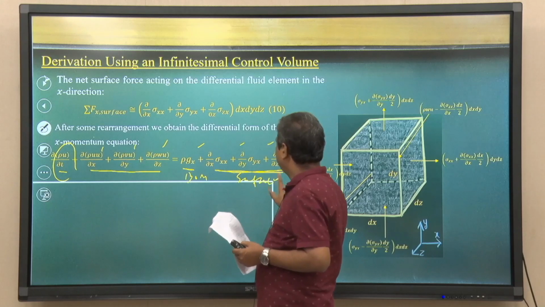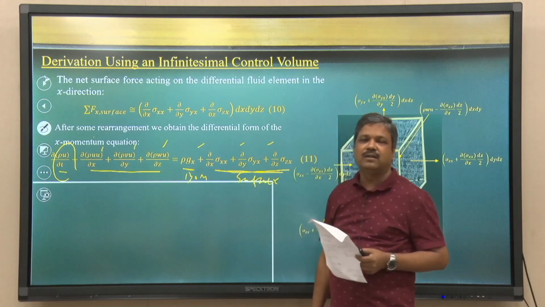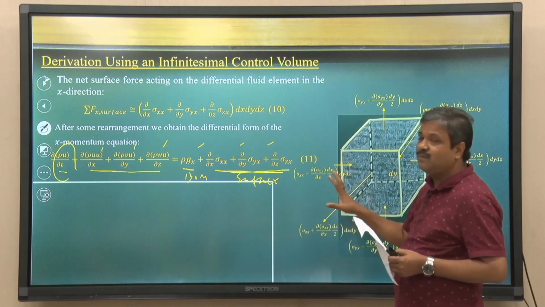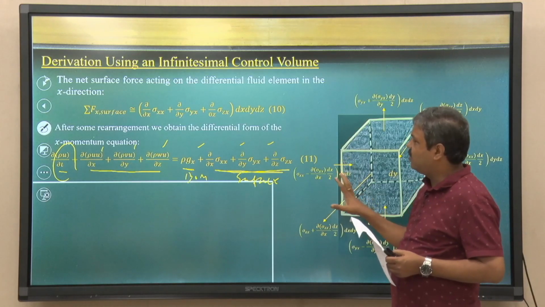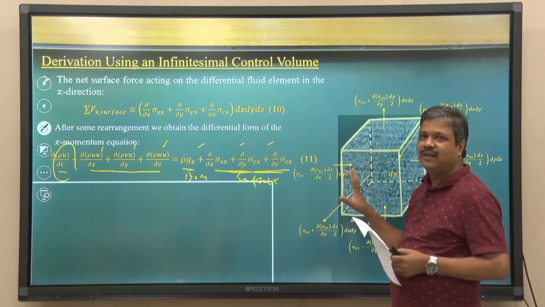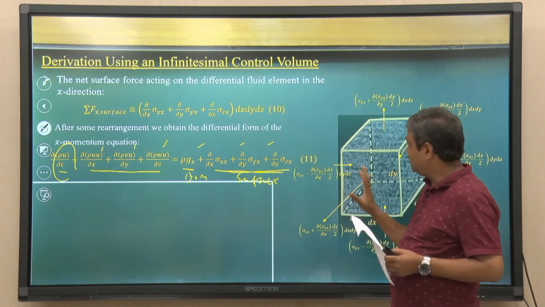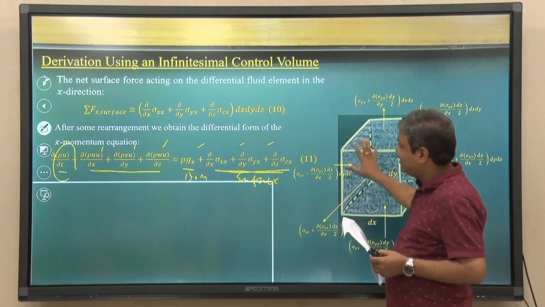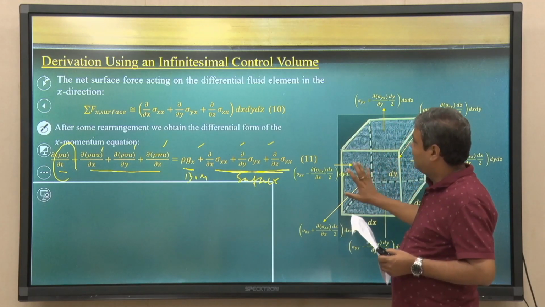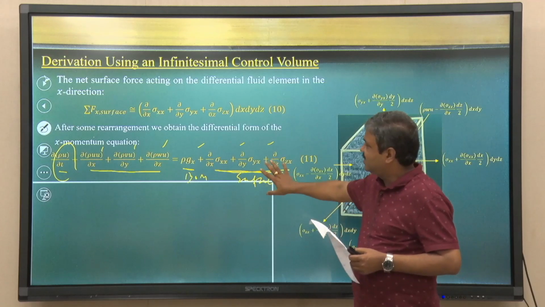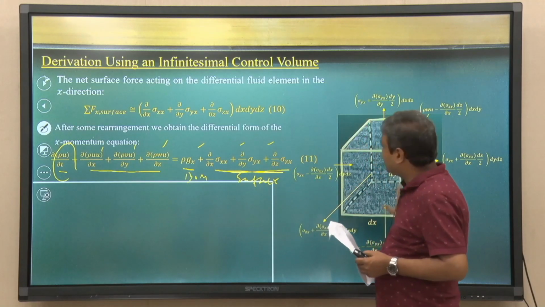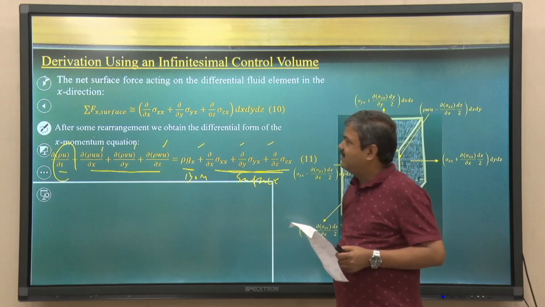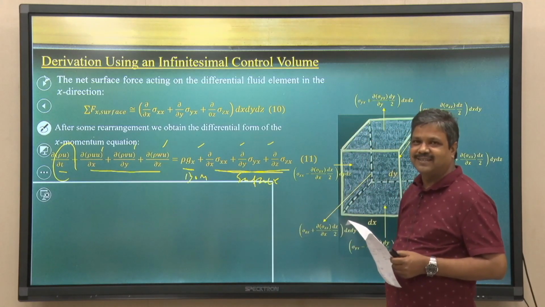As we did for the integral concept using Reynolds transport theorem, the same we are looking at in a differential equation format. The derivation is the same, it has certain assumptions, as I am trying to explain to you, that these are all functions and the Taylor series with appropriate control volumes. If you consider it, then we will get this x momentum equation like this.